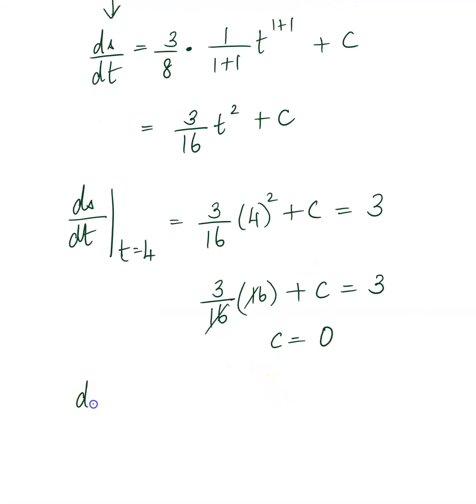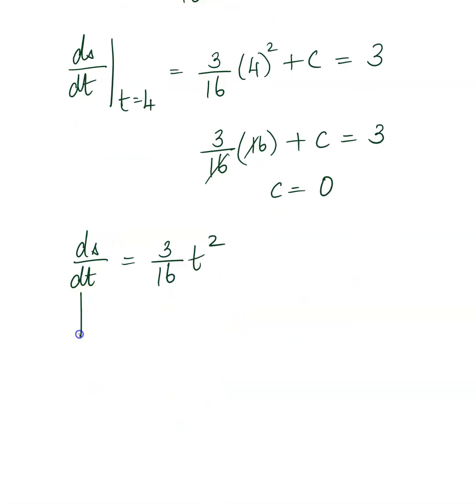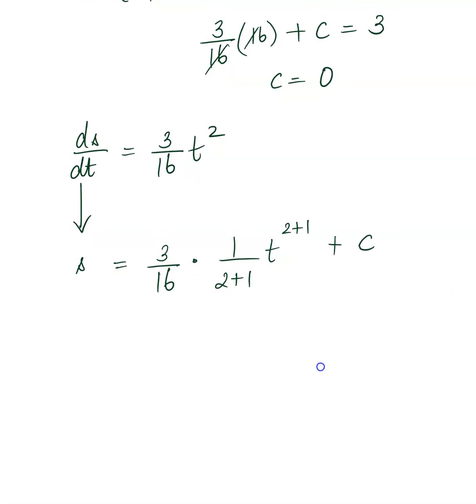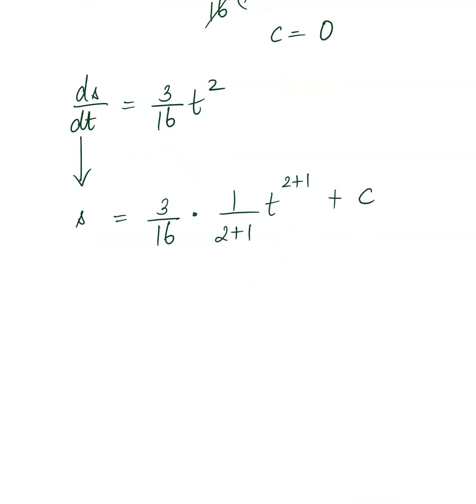So come back here and say ds over dt is 3 over 16 t squared itself. Now we go one more layer, one more step of antiderivative. The antiderivative of ds over dt is simply s, 3 over 16. There's another c that comes here. If it's confusing, you can put c1, c2. I don't find it confusing, so I got that.